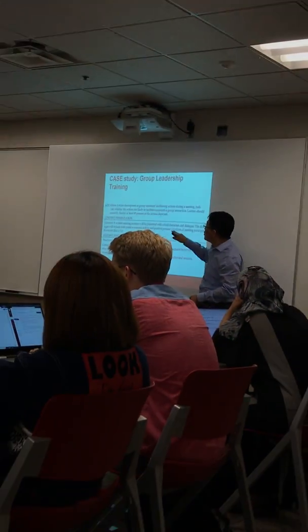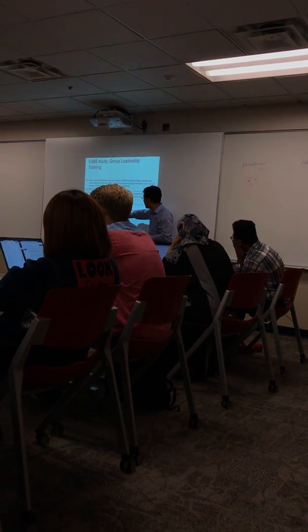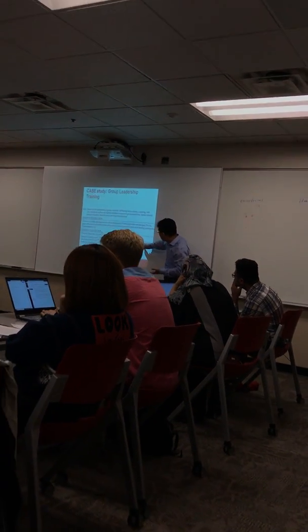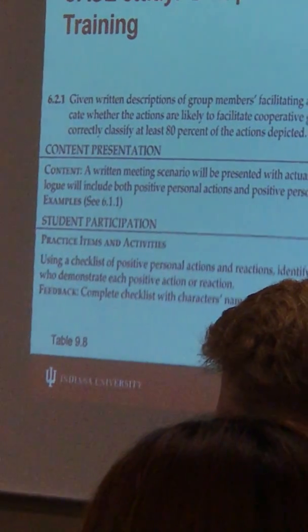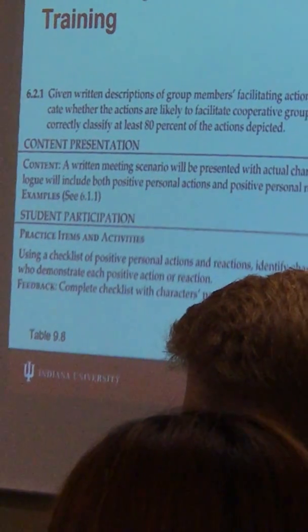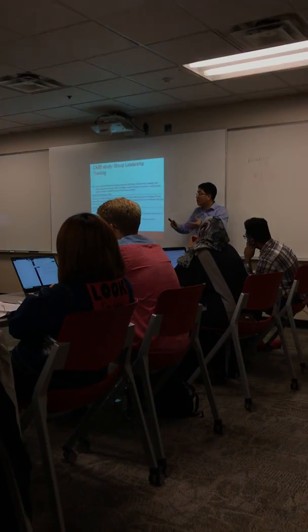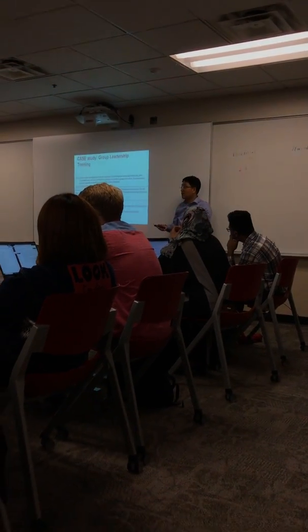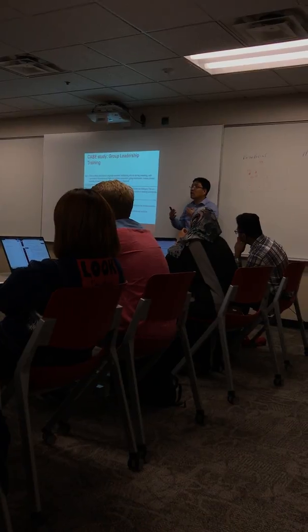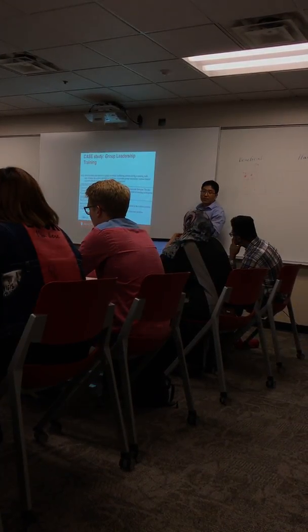And here, student participation. So students will have checklist, and identify this one from the written scenario. Right? So when you read this one, you can easily imagine what will happen in the classroom. What activity, what learning activity will occur. You can imagine that, right? So I want to see this type of description in your report.